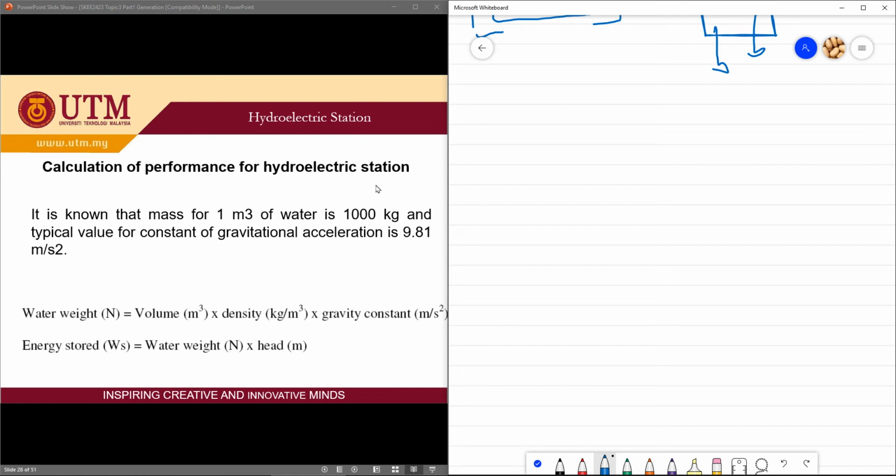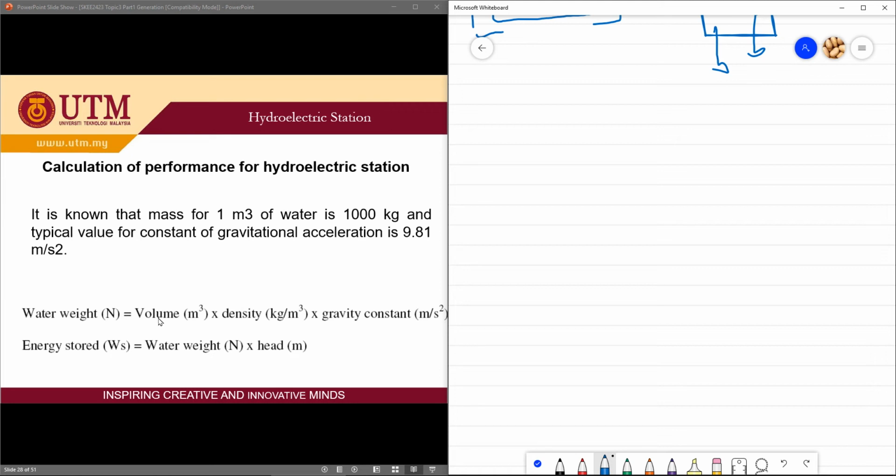But for hydroelectric station, you need to know that 1 meter cube of water is equal to 1000 kg, and another one is the gravitational acceleration, which is 9.81 meter per second squared. This constant you need to know. Usually it's not given, so you have to know the constant.